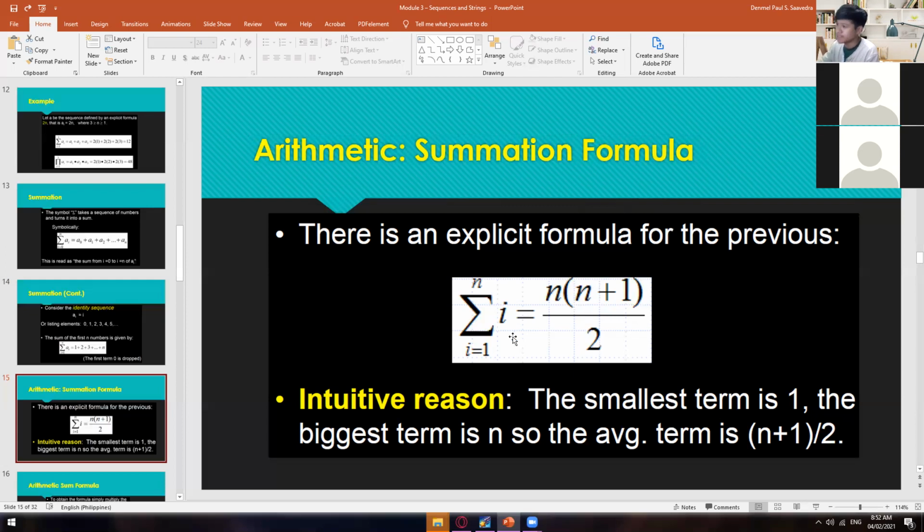The smallest term is 1, which is always 1 when it comes to this formula. The biggest term is n. The average term is n plus 1 divided by 2.